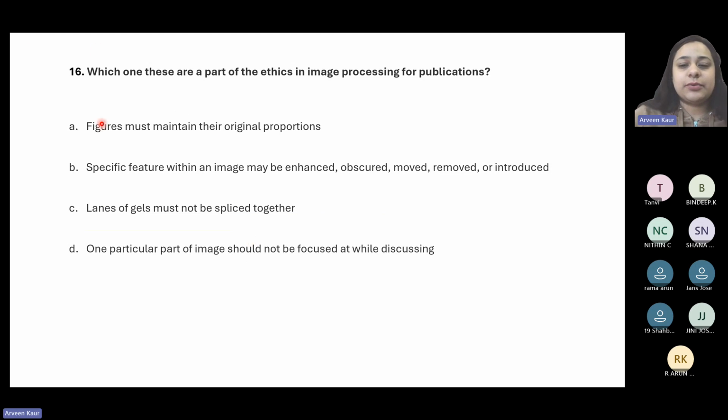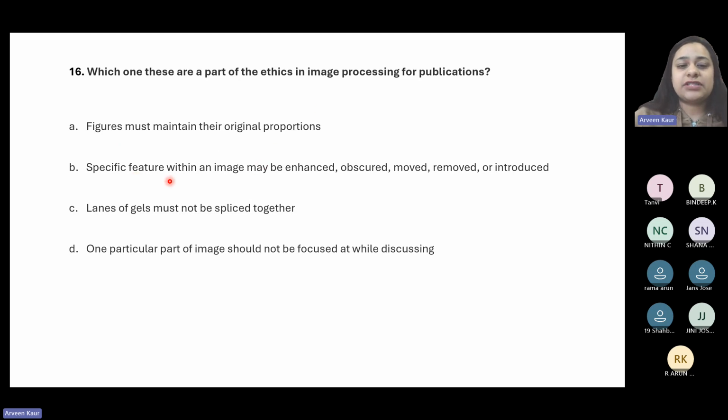Then we come to question number 16, which is: which one of these is a part of the ethics in image processing for publications, right? So there were some examples about image processing that were given to you by Sir in this week's lectures also. The figures must maintain their original proportions.